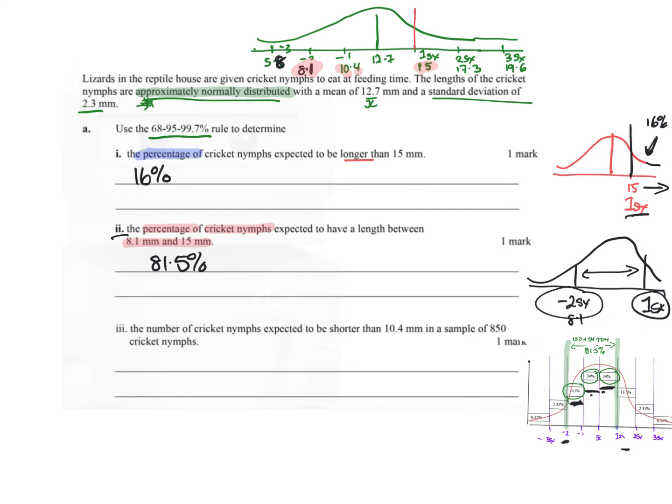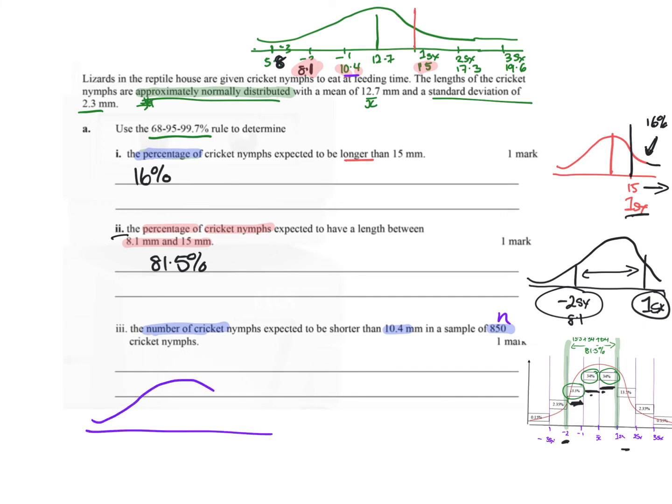And then the last one, this is where it changes a little bit. They actually want the number of crickets, so not the percentage. The number of crickets expected to be shorter than 10.4 when there's 850. So they just told you how many there are in total. Now, if we look at 10.4, 10.4 is at -1 standard deviation.